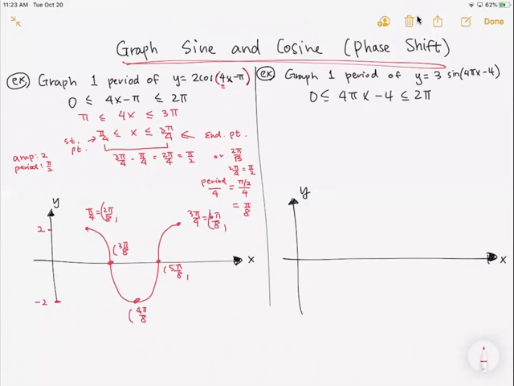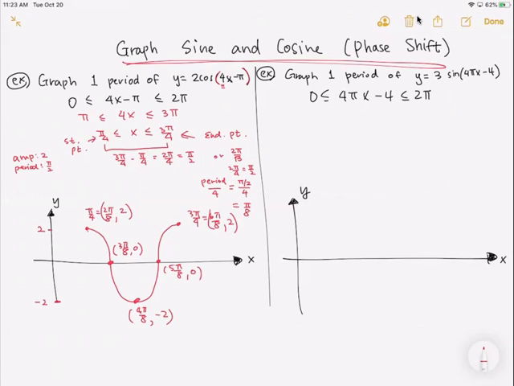So my points will be 2 pi over 8, 2, 3 pi over 8, 0, 4 pi over 8, -2, 5 pi over 8, 0, and 6 pi over 8, 2. So these are the 5 key points I can get from 2 cosine 4x minus pi.